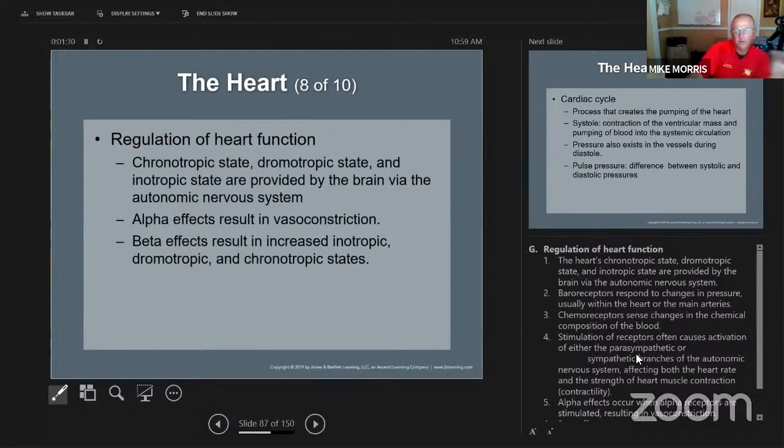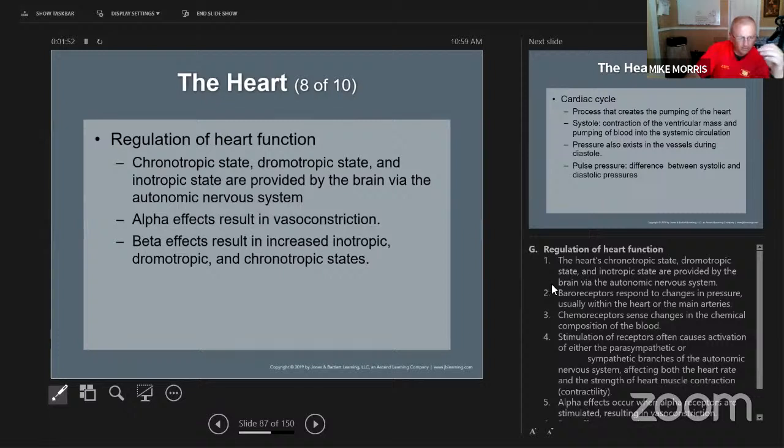Because baroreceptors are going to monitor the stretch. And so they know if they're less filled, if there's not enough blood there. And so it's going to communicate with the brain and say, hey, I have a loss of stretch, meaning I have a loss of volume.